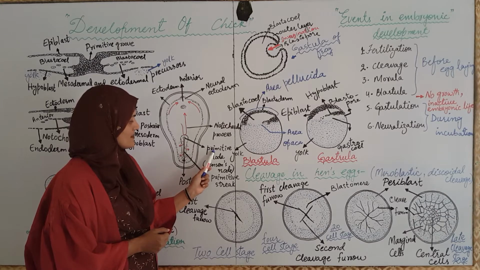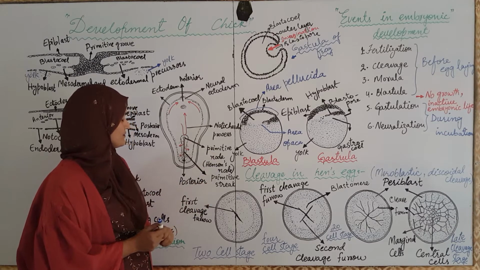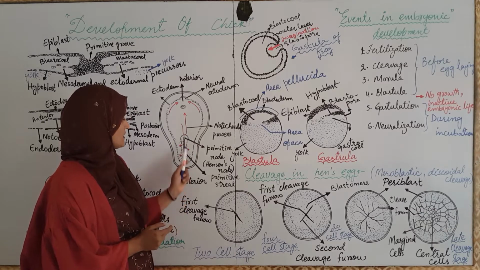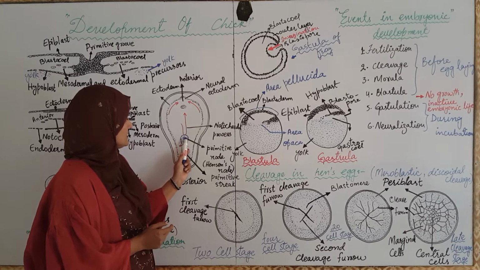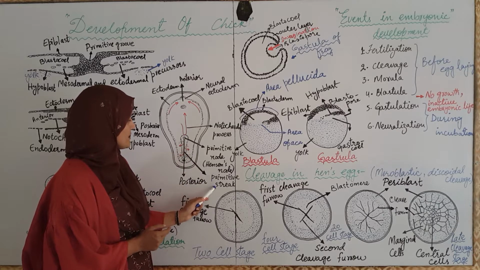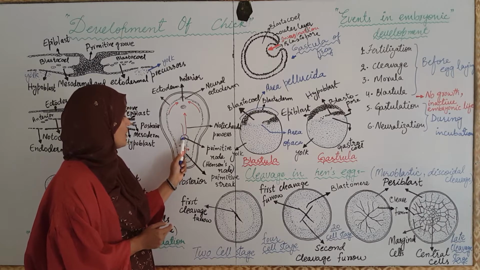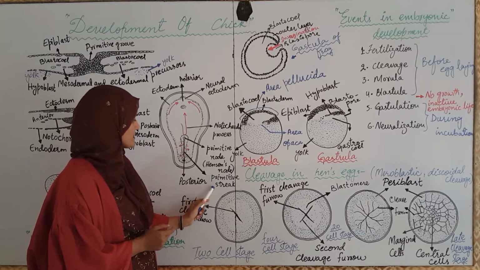This is termed the primitive node or Hensen's node. This node is formed at the anterior end of the primitive streak. It is the swelling portion at the anterior of the primitive streak.